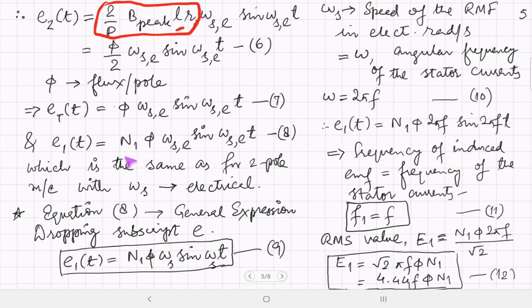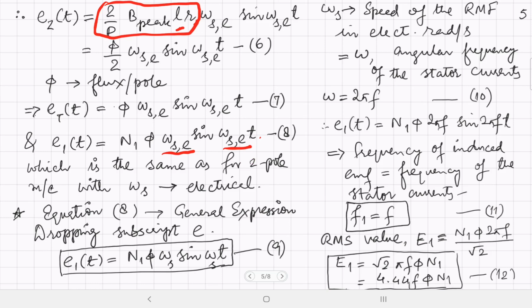And since we have assumed n1 number of series turns per phase which are concentrated, the EMF induced in the phase A winding will be given by this expression. So it is n1 times e_T. And if we compare this equation with the equation obtained for the two-pole machine, we can see that the two equations are in fact the same, except that omega S has to be measured in electrical radians per second.